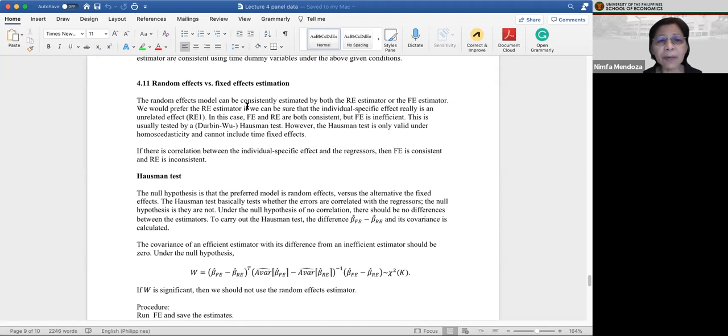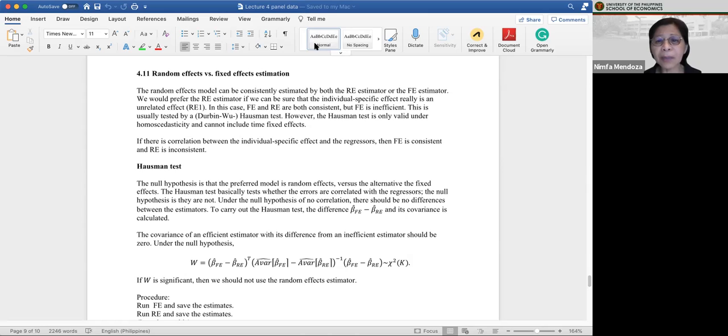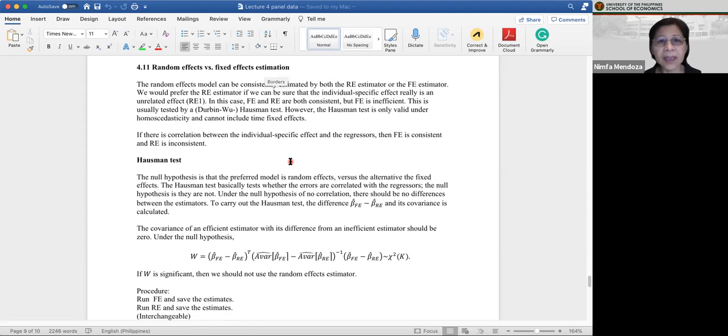The random effects model can be consistently estimated by both the random effects estimator and the fixed effects estimator. If we can be sure that the individual specific effect really is unrelated, that is, the first assumption for random effects models holds, then we would prefer the RE estimator.